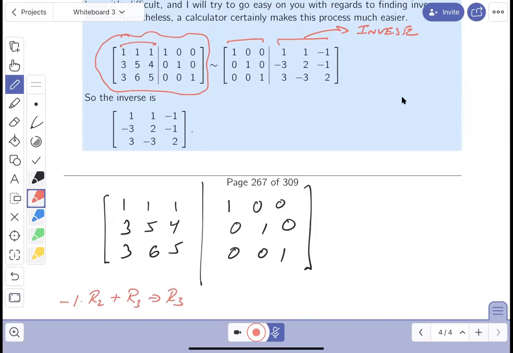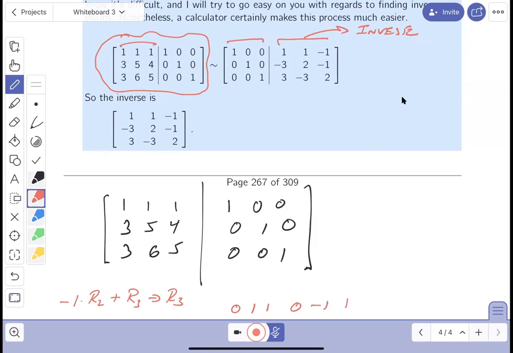I'm going to write down on the side. I'm going to erase, though. I would get 0. I would get 1. I would get 1. Again, I'm doing -1 times row 2. I would get 0. I would get -1. I would get 1.